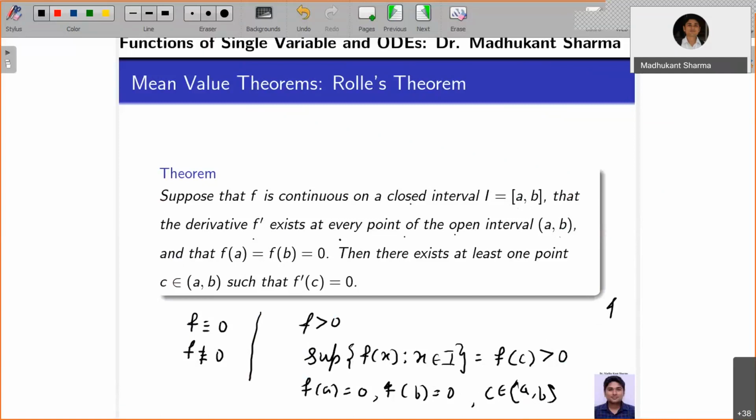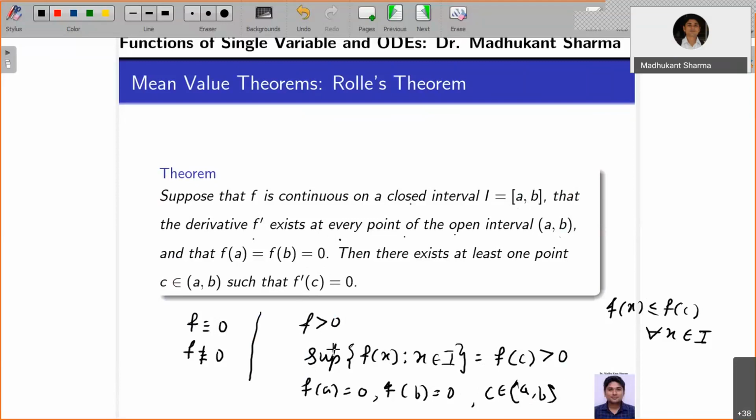So f of x is less than or equal to f of c for all x inside I. So f has a relative maximum at c, and c is an interior point of the open interval AB, so f dash exists at c. Then the interior extremum theorem tells you that f dash of c must be 0.